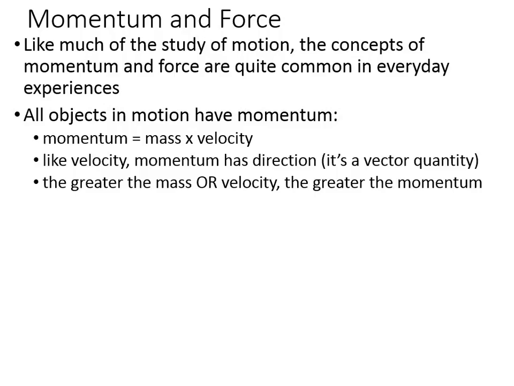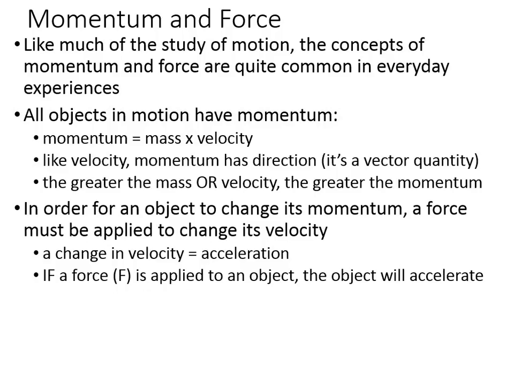So the example would be, what momentum does a bicycle have driving down the road at 35 miles an hour versus a Mack truck driving down the road at 35 miles an hour? They both have the same velocity, okay, but they have different masses. Okay, so that means that the truck has a lot more momentum than the bicycle does. Okay, so momentum is kind of related to inertia, I think.